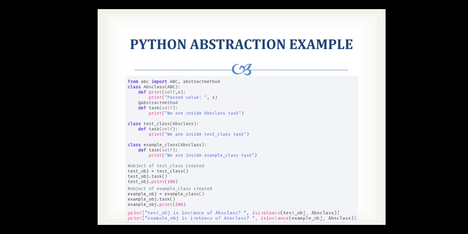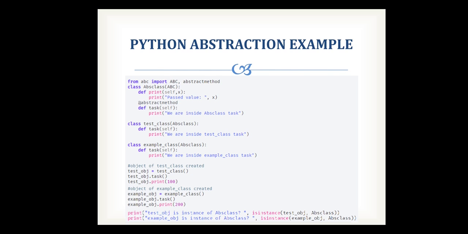So when we create an object, test_object, from the test class and print the task, what is the result? It is going to print "we are inside the test class task".